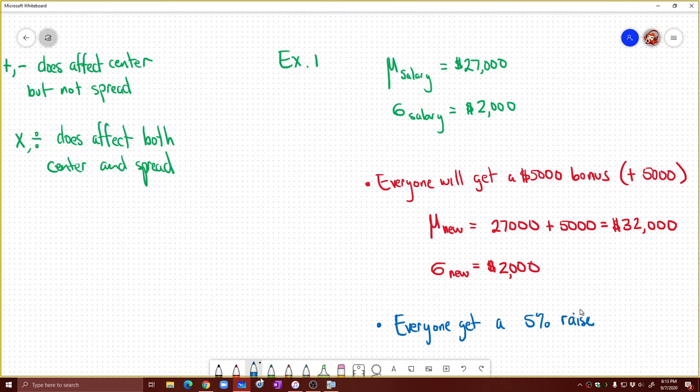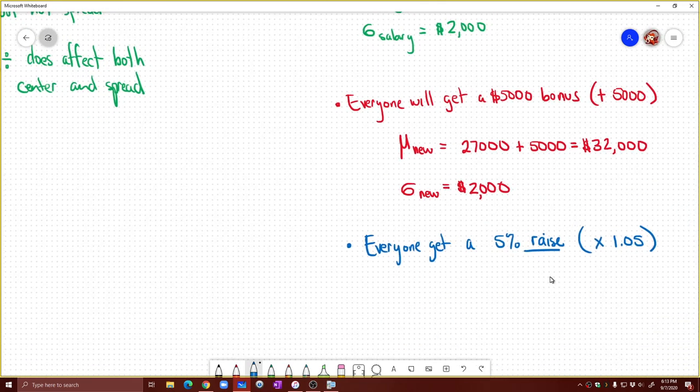So basically, instead of getting a flat amount of money, they want me to take their salary and multiply it by 1.05. Okay, so because it's a raise, they're still going to get whatever they have before, and I'm going to give them 5% extra of what they have. So this is just a shorter way of writing that.